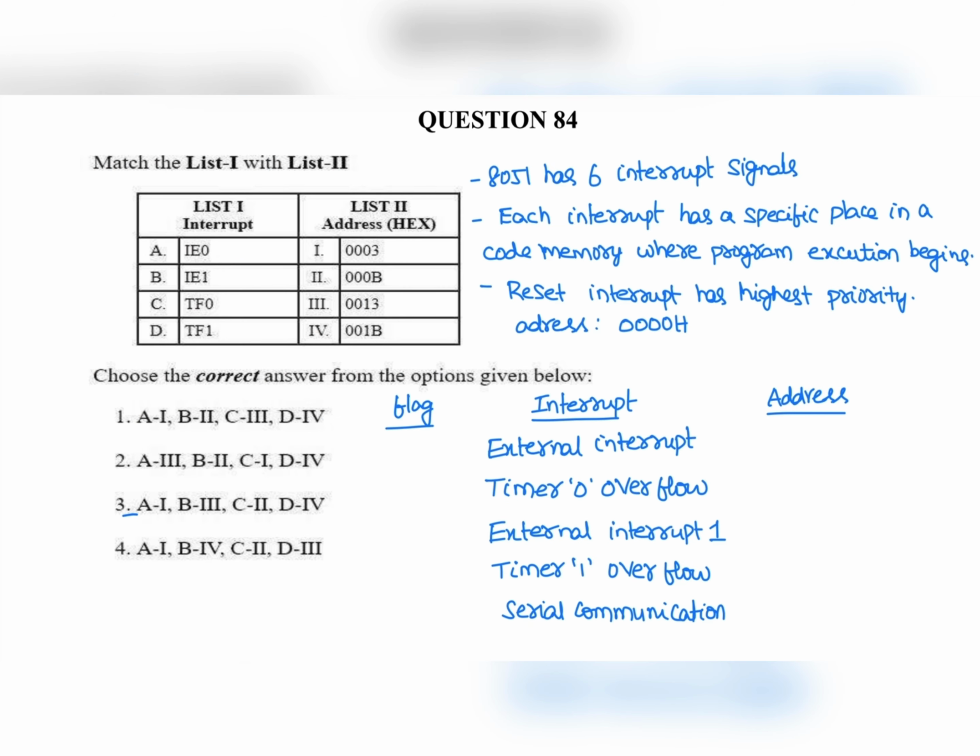Now, each interrupt has a specific place in the code memory where program execution begins. Reset interrupt has highest priority, and the address of the reset interrupt is 0000H. Next, external interrupt 0 whose flag is written as IE0, and the address is 0003H.